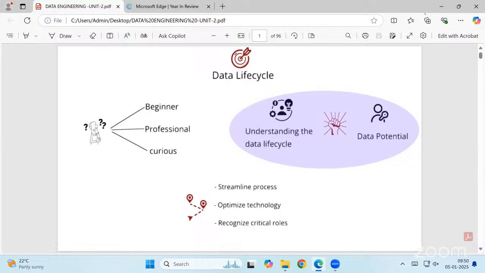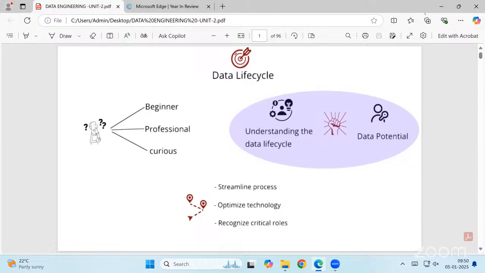So what is the advantage if you have a data life cycle? You can have a streamlined process of converting the data into usable format. You can streamline the process that minimizes the burden of data science people and business analyst people, and you can optimize the technology that is going to be used on the data to generate results.